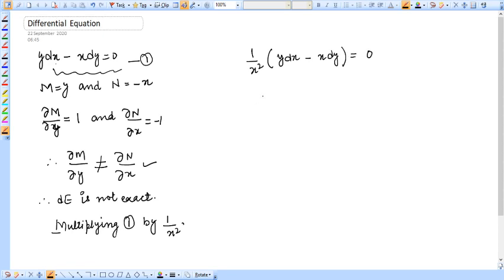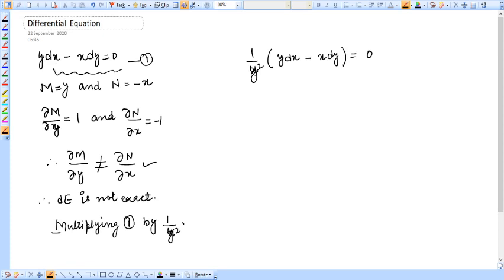Now instead of 1 over x square, I would be multiplying it by 1 over y square, so that this problem would be simple for me to tell you that this is the integrating factor of this equation.